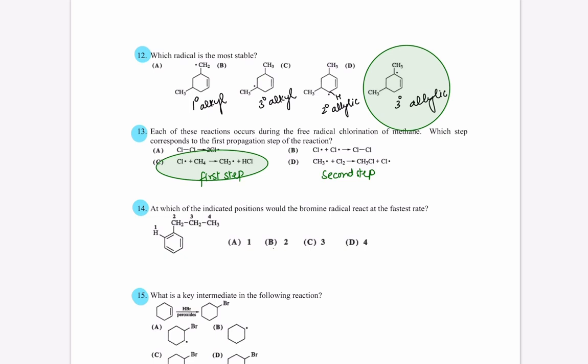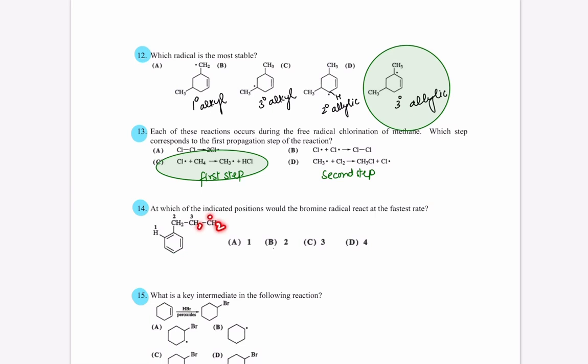At which of the indicated positions would the bromine radical react at the fastest rate? For which we have to find out which of the positions will have the most stable radical. Okay, so at position 1, if I'm going to have a radical here, then it's more like a vinylic radical. The vinylic radical is not even stable, so definitely that's not going to be the right answer. So here, if it's going to create a radical, it's going to be a primary radical.